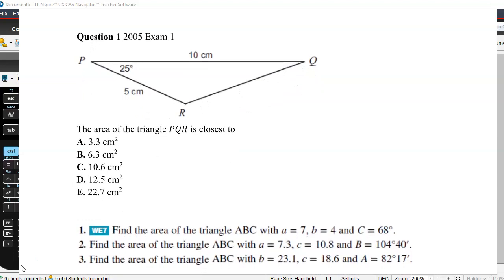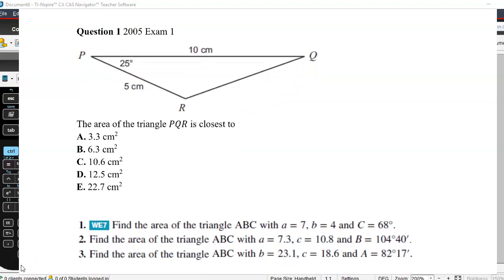Okay. Here's from the 2005 further maths exam. So we've got two sides and the angle between them. The area of triangle PQR is closest to.